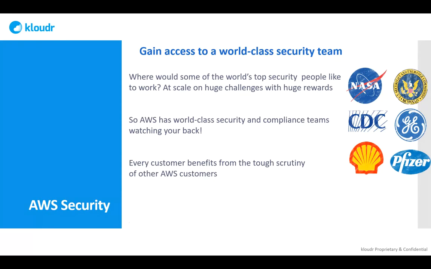In addition, if any AWS customer would like to implement a new security feature and AWS releases this feature, it will be available for all AWS customers. So in other terms, every AWS customer benefits from the tough scrutiny of other AWS customers. This specific feature will be available for all customers, not only this one.